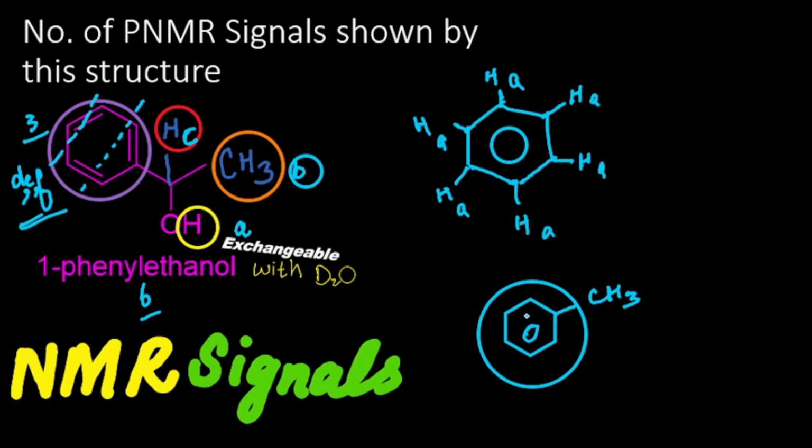Even in the high resolution NMR, we will get only the multiplet, because this methyl group does not have any large effect on the benzene. But if the benzene ring is attached with some group, like an OH group, or a carbonyl group or carboxyl group, this will also affect the benzene very clearly, and we will get separate signals.